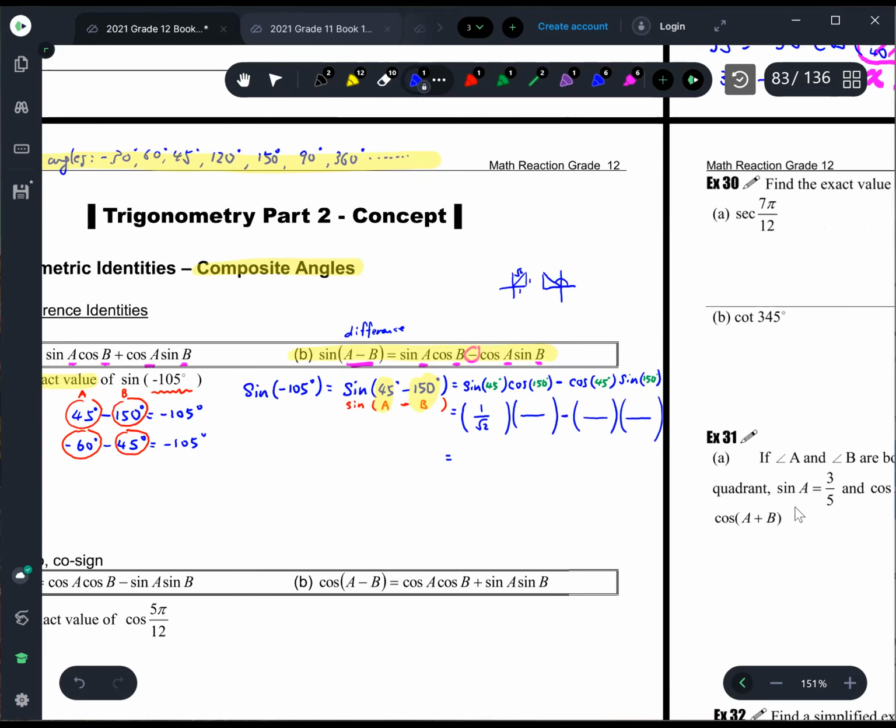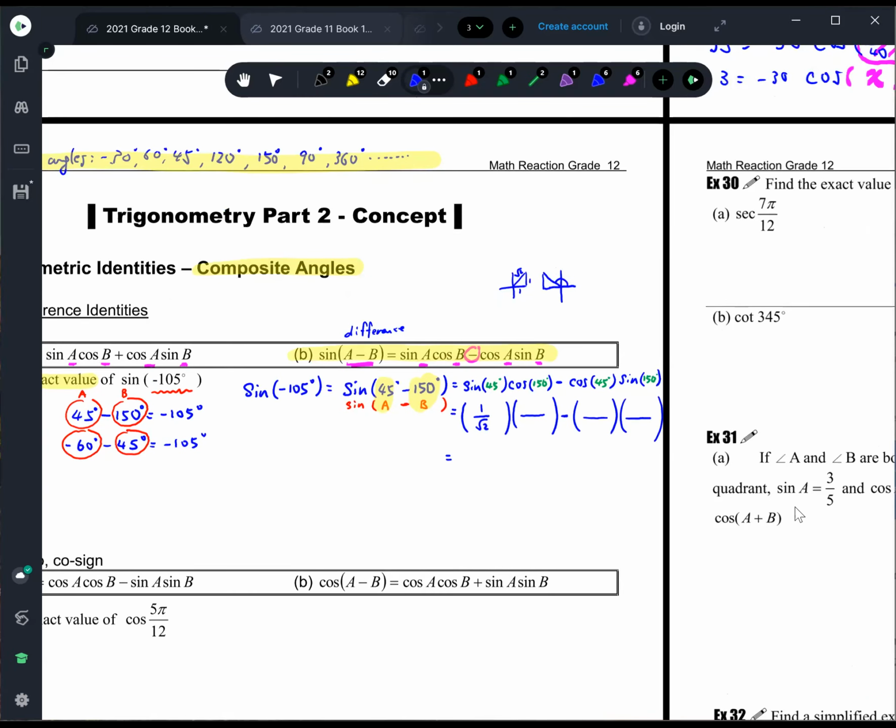So of course, there are other options, right? You could also use adding to make negative 105, or you can use subtracting. If you use adding, then you use the first identity.